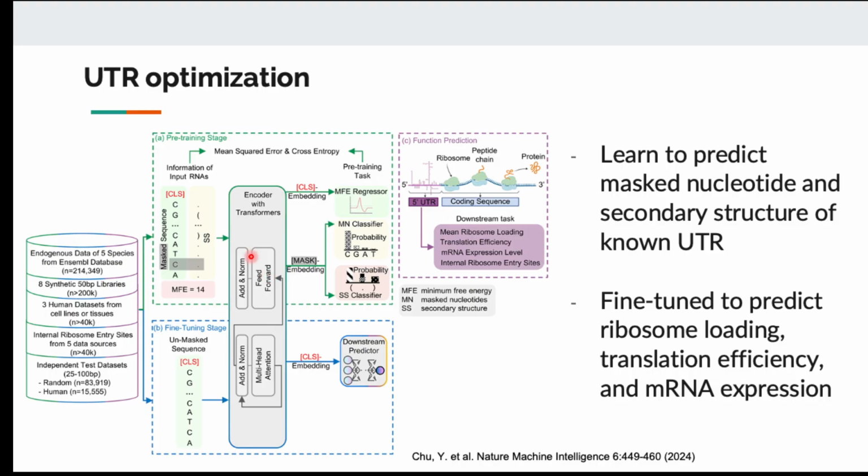So there are some people who try to create a new AI model that can predict and generate new UTRs. And with that UTR, you can control if you want to have high expression, like high ribosome binding, like high translation efficiency. People train this, for example, using gene expression data from human cells, because each gene has a different UTR. So we can train the model so that, if it looks at the UTR, it can predict the expression level for the gene.